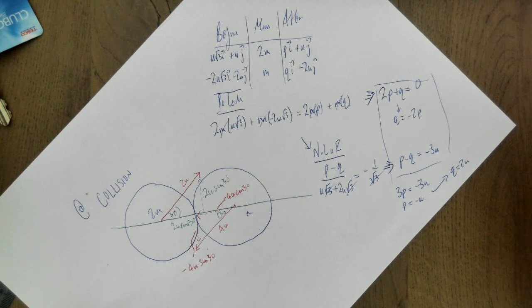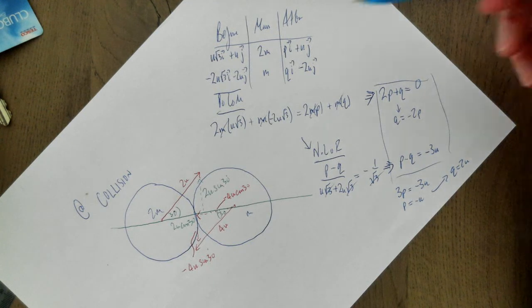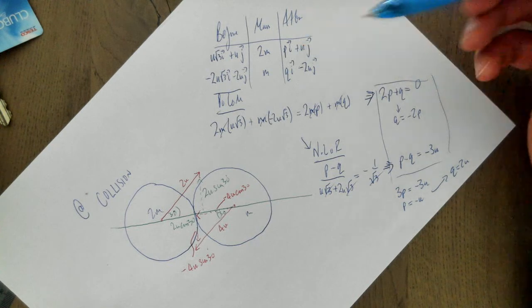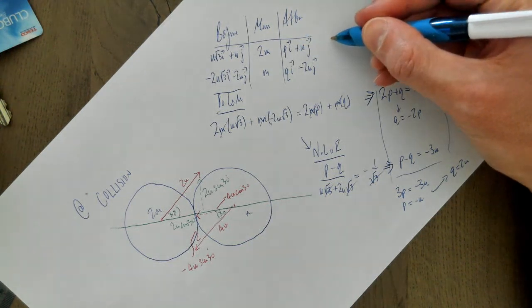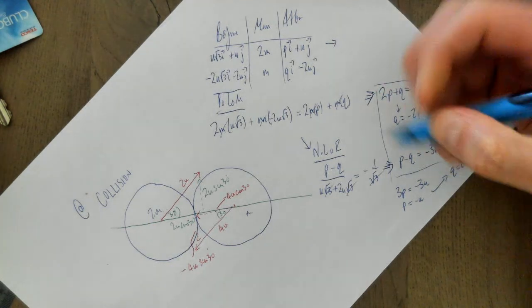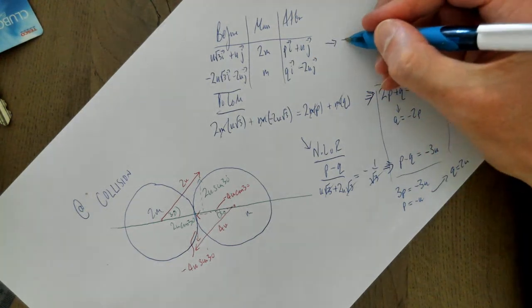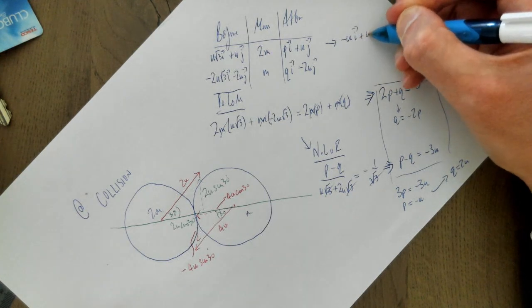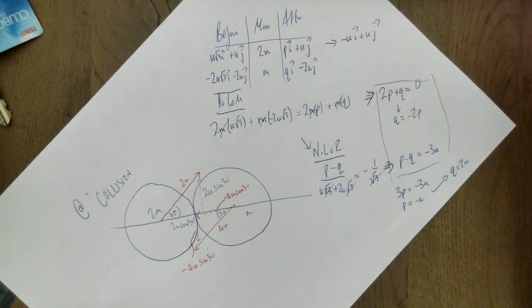It asks for the speeds afterwards, right? So speed, we need to work out the Pythagoras theorem, don't we? So afterwards here, just follow me on the page if you can, guys. I'm going to pick back up here. p, so minus u i plus u j.